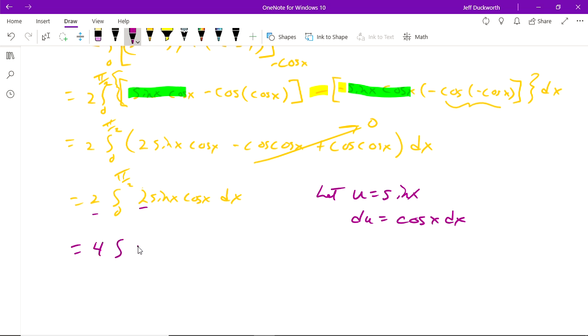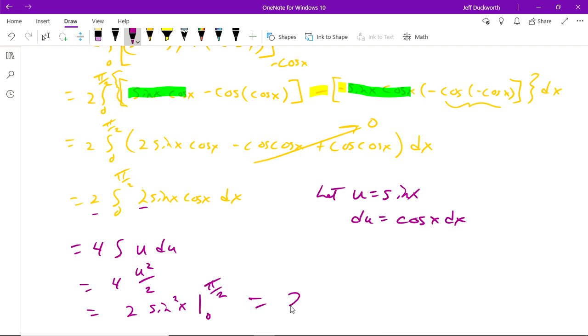And we're integrating just u du essentially. So this equals 4 u squared over 2, which is going to equal 2, and the u here is sine, so sine squared of x, and this is all evaluated from 0 to pi by 2.